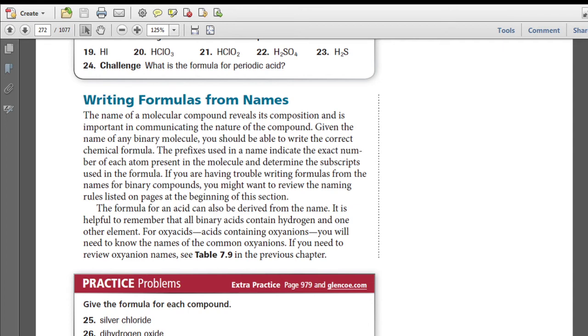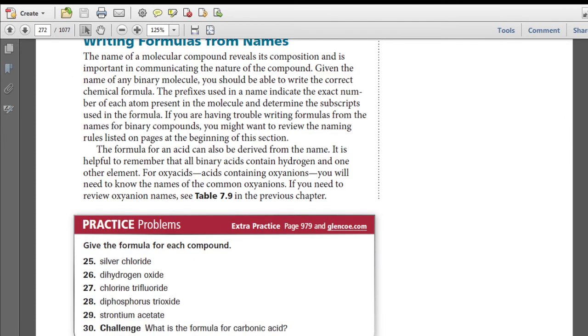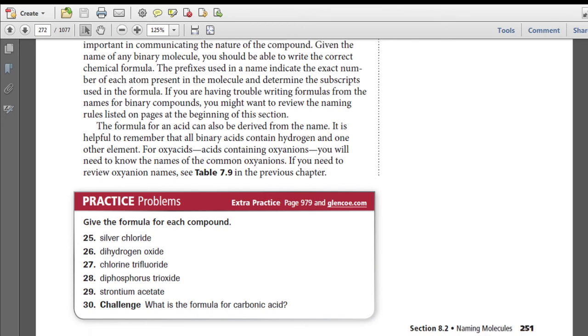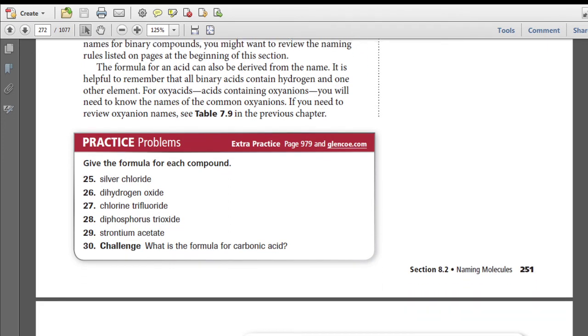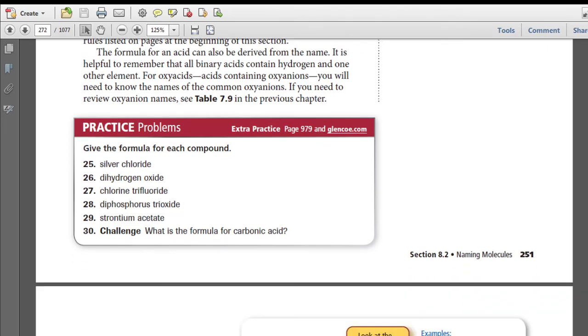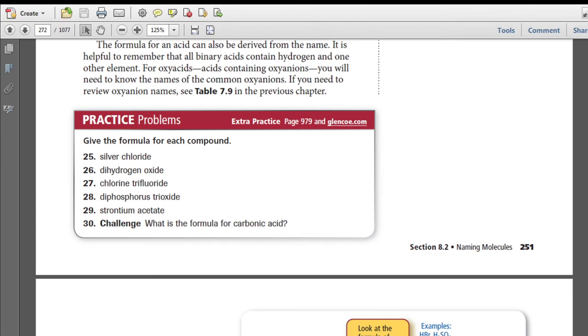If you need to review the oxyanion names, go back to Chapter 7 and look at Table 7.9 for your common polyatomics. Go ahead and practice these problems based on the name. So pause the video and give these a try.